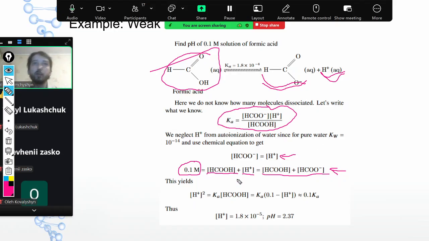So this is basically something like number of moles, well, in 1 liter. So this means that if we add whatever is left, whatever is undissociated, plus whatever has dissociated. But the molecules that have dissociated transformed into these two species, into H plus and CHOO minus. And basically 1 mole of this gave 1 mole of this and 1 mole of this. So we can add them together to get back the initial number that we had, the 0.1.